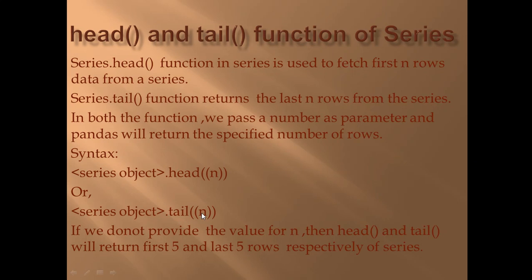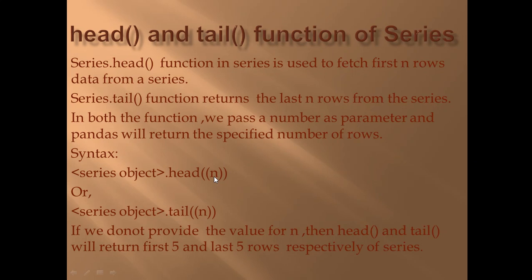That means if the series contains only 3 rows, then the first 3 rows are returned through the head function, and if you use tail without any value for n, the last 3 rows, meaning all 3 rows, will be returned. So the head function will return the first 5 rows and the tail function will return the last 5 rows if you do not provide any argument. Otherwise, it depends upon the value of n.